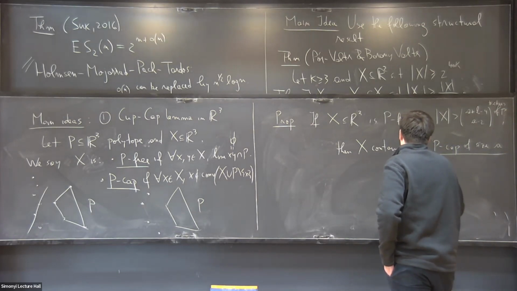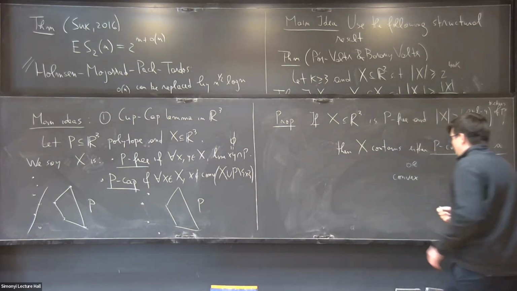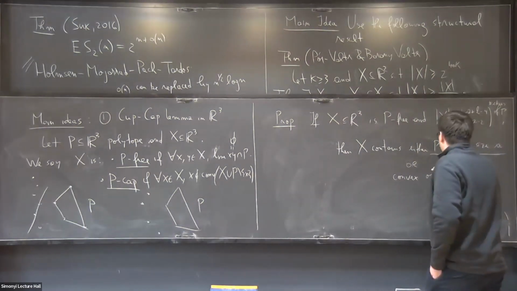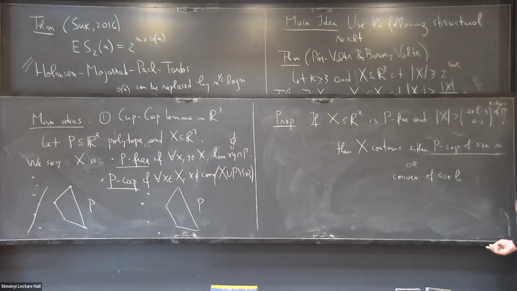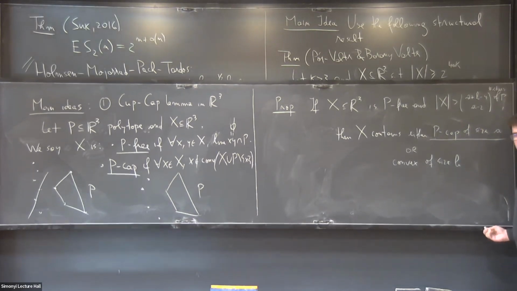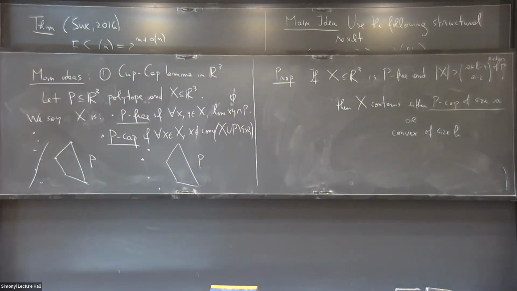Some convex set that we don't really know, nonetheless of size B. In the interest of time, maybe I won't say too much about the proof. It's not a difficult thing to prove. As you may guess, the coefficient is the same as the binomial coefficient cap lemma.